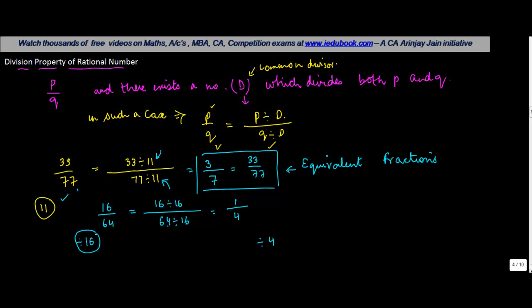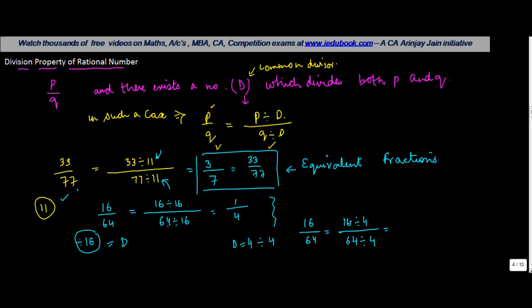This is if you take the value of d as 16. What if you take d is equal to 4? In that case, you will have 16 upon 64 is equal to 16 divided by 4, which is the common divisor, upon 64 divided by 4.